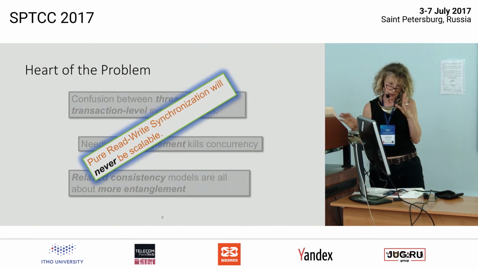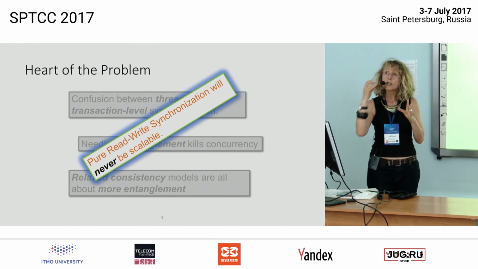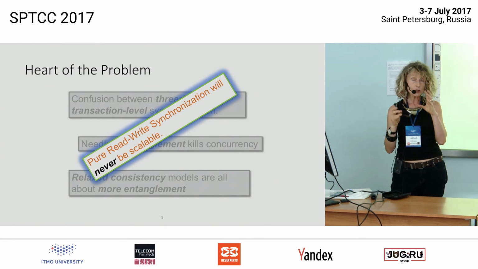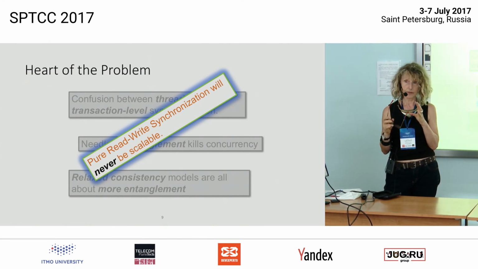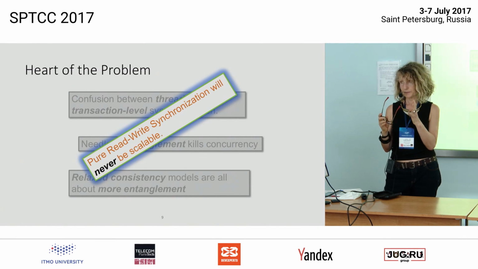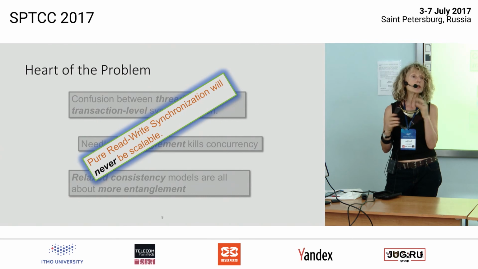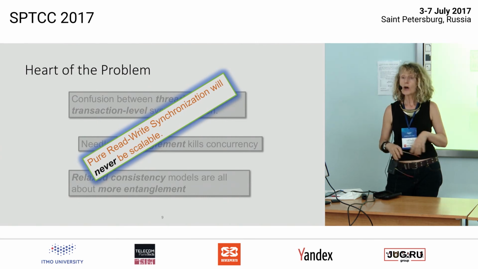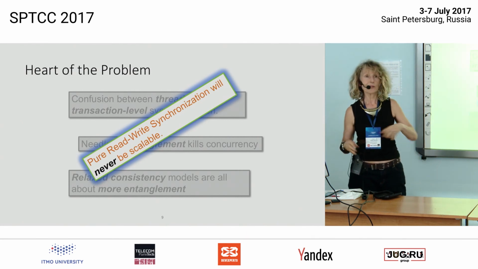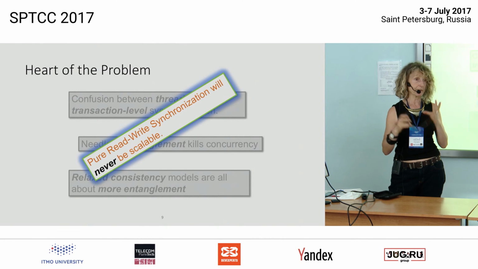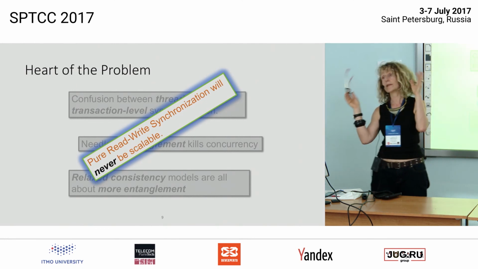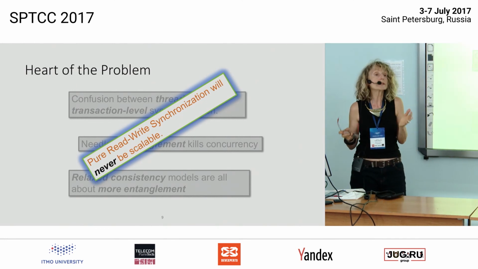So if transactions only look at read-write synchronization, if they only use read-write conflicts for synchronization, we have no hope of scaling. Because that essentially means that all the work that people, like Nir was describing to you, all those fancy data structures that can be highly concurrent, all the work in the Java concurrency library, you cannot use them.